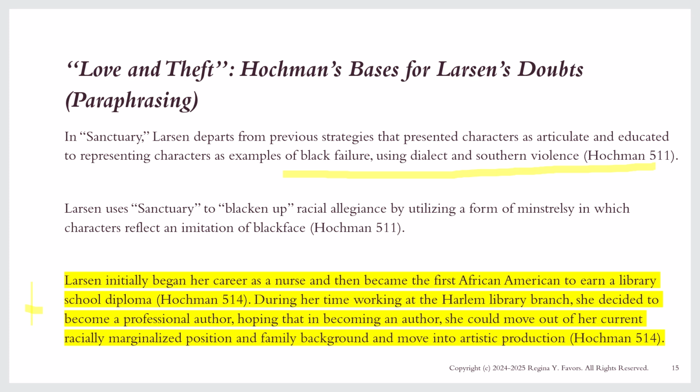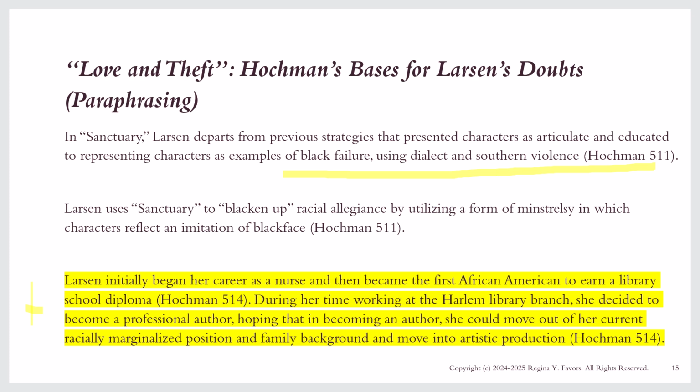Larson was a librarian, nurse, and she wanted to become an author, and she is situated during the Harlem Renaissance. What I think with some people is when they decide to shift careers, I think it has a lot to do with wanting to be accepted, wanting to be noticed, wanting to come to the forefront, wanting to seek something where, in her case, she's not perceived as the African American in the group.